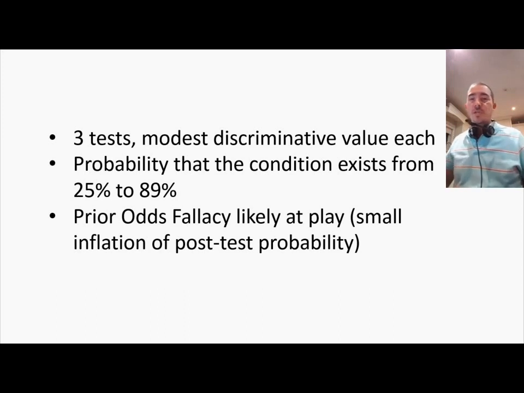Normally when we do research, we take everyone as though we're totally blind to whether or not they have the condition and then apply our clinical test, and so we get different likelihood ratios. Long story, but at the end of the day, what that probably results in here is I may be inflating the estimates just a little bit. If we're worried about a 2 or 3% inflation in this case, I don't think we are. But anyway, that's one of those caveat things that academics like to talk about.